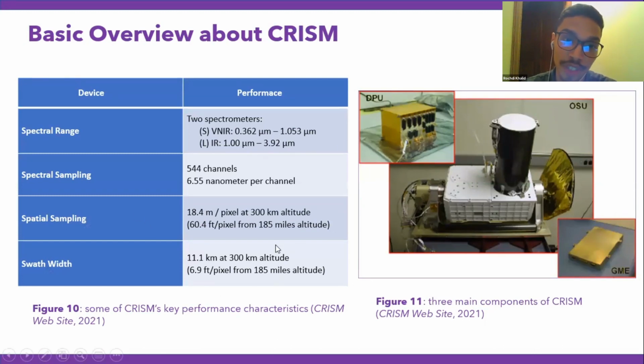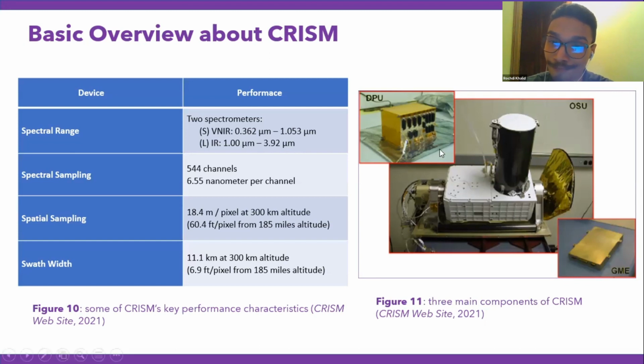It operates in general from 0.4 micrometer to 4 micrometer, which means 400 nanometers to 4,000 nanometers. This device is really important because it measures the spectrum through 544 channels. And the good thing about this device is that it has a good resolution of 18 meters at an altitude of 300 kilometers. This device consists of three main components that compose its hardware.